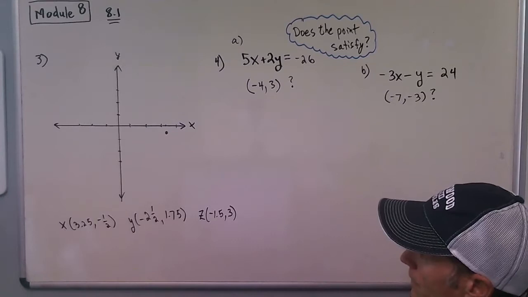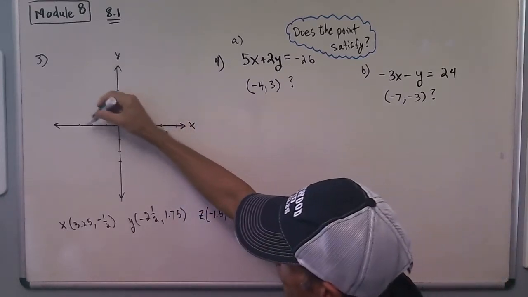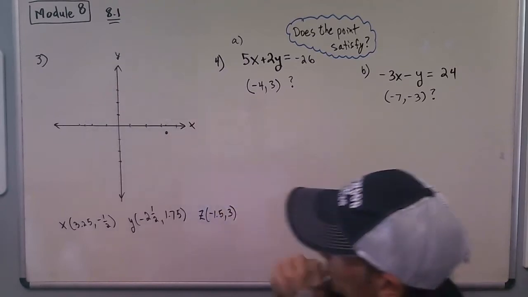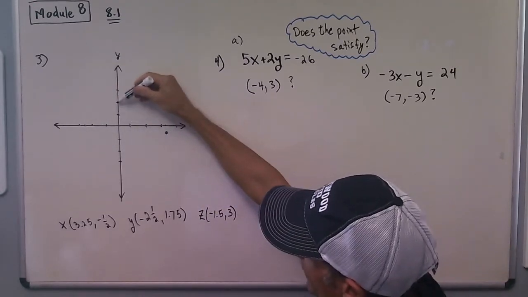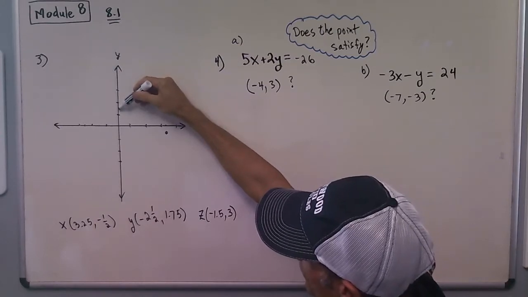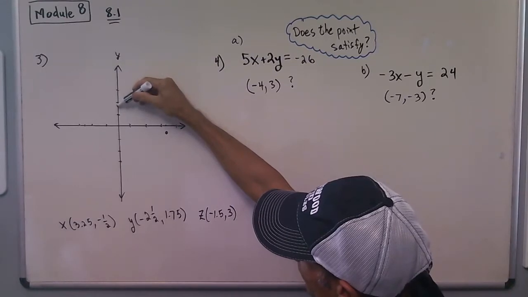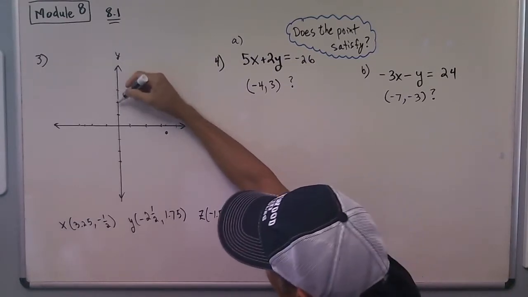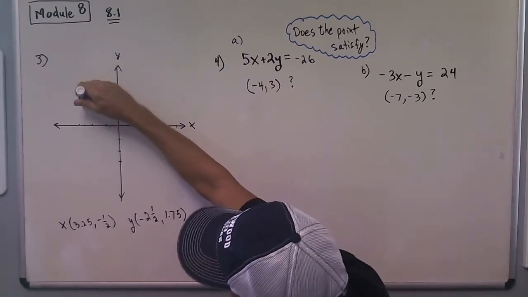Looking at -2.5, we go -2 and then a half, so it's right between there. Then 1.75, well, up 1, that would be 2, so it's halfway between 1.5 and 2, right about here.